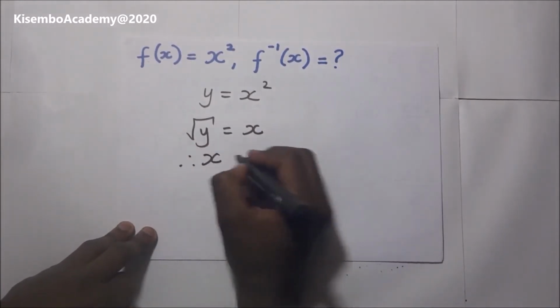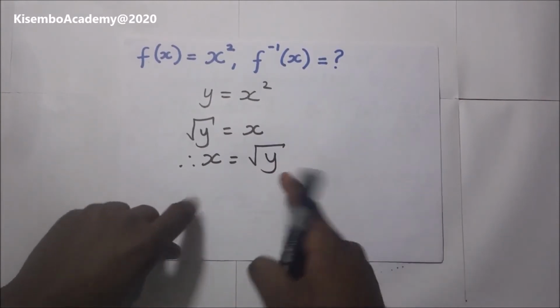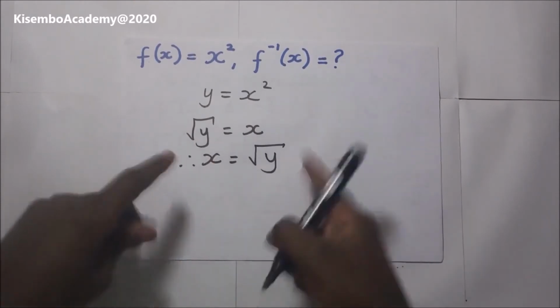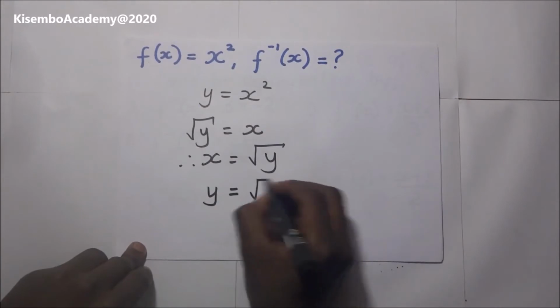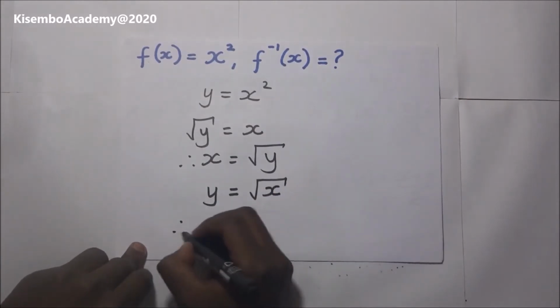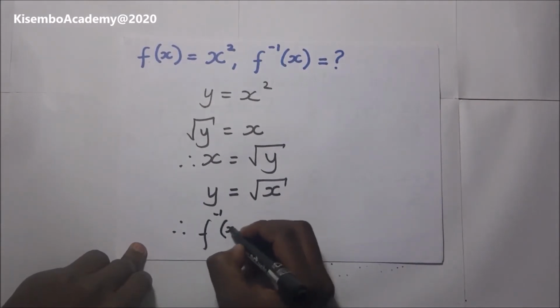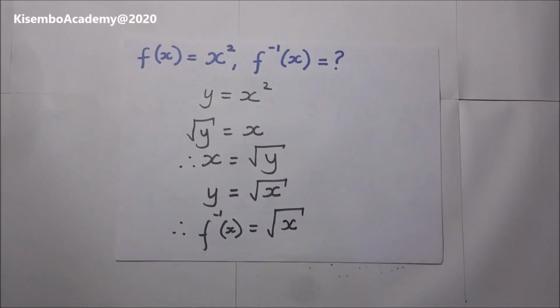Therefore x is the square root of y. So we flip them, x becomes y and y becomes x. So y is equal to the square root of x. Therefore, the inverse is the square root of x, like that.